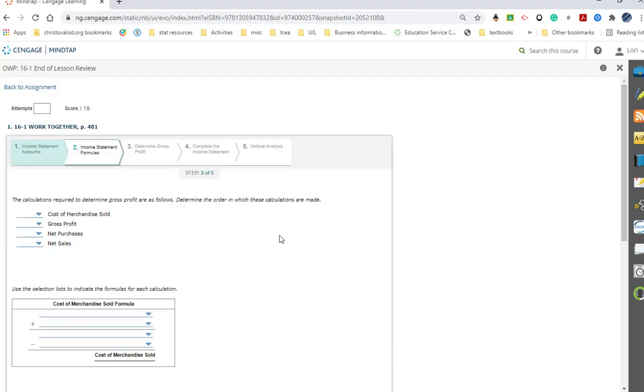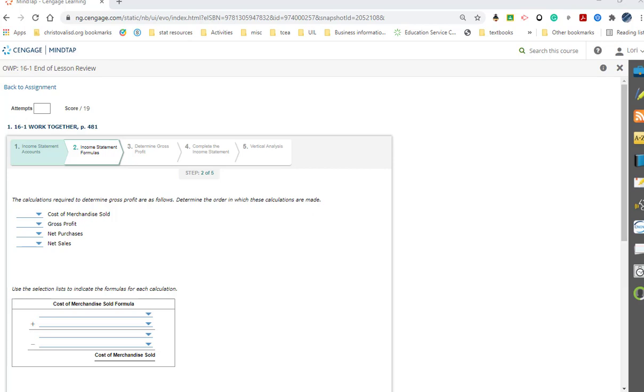The next part is going to be our calculations page. When we're doing our calculations, if you think about the process that we went through on your chart, the first thing we found was your net sales. So that's step one. We're just going down your income statement.